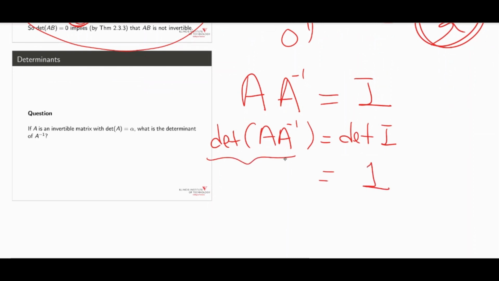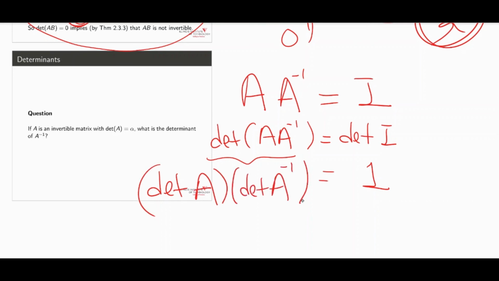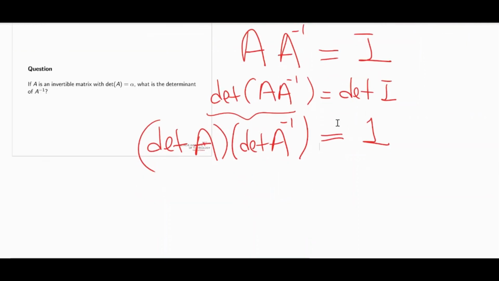Now, this part right here is the determinant of a product of two matrices. So by the theorem we just proved, we can split it into the determinant of A times the determinant of A inverse. This is a theorem we just proved. Now make use of it, and you will see something like that.